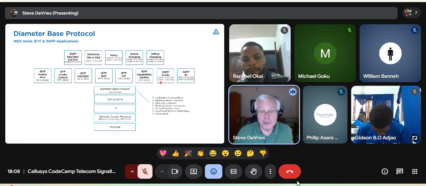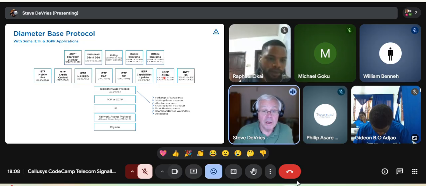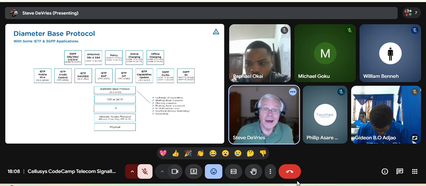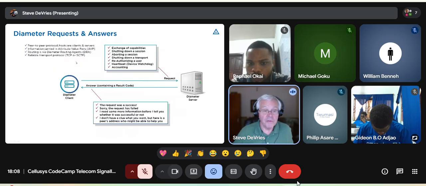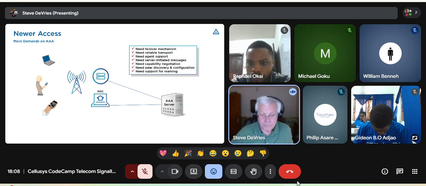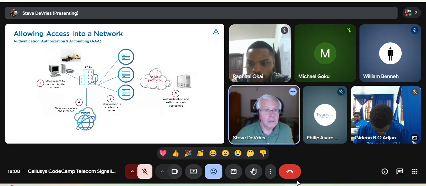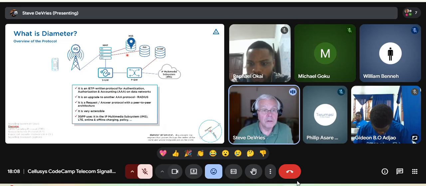So these 2 applications were written by 3GPP for that interface, which is in the IP multimedia subsystem. On top of that, they wrote that document, which covers this interface right here, these interfaces.